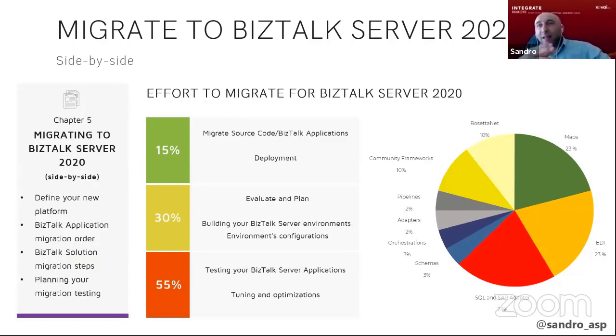If you are migrating from a previous version to 2020, what may be the most painful situations about community frameworks? RosettaNet has some issues because 2020 removed the old SQL adapter.